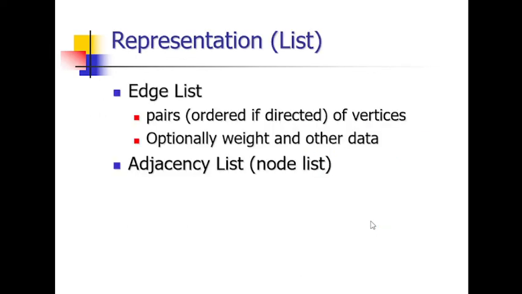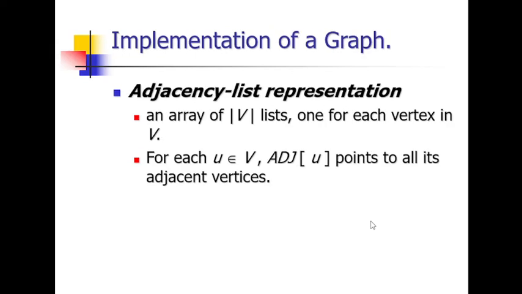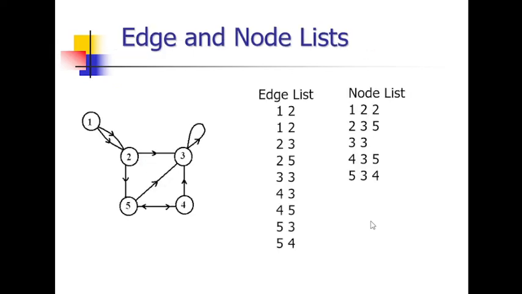Now from this we can create various representations: an edge list, or an adjacency list. We can see that edge and node lists are created from this. If I'm creating the list, how do you list out all the edges?